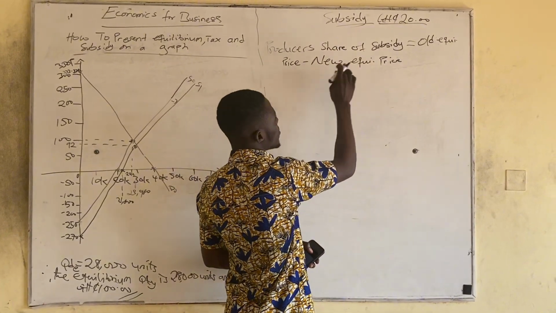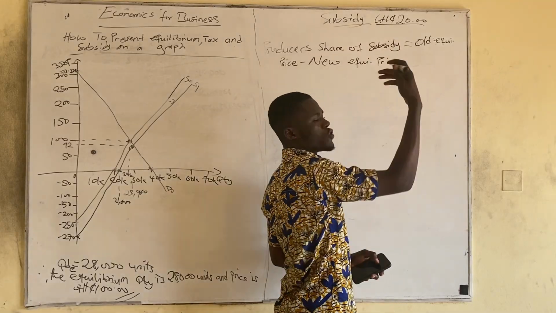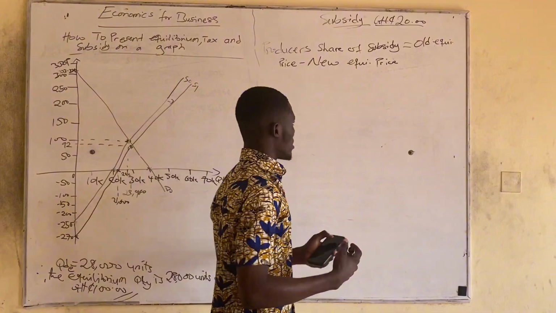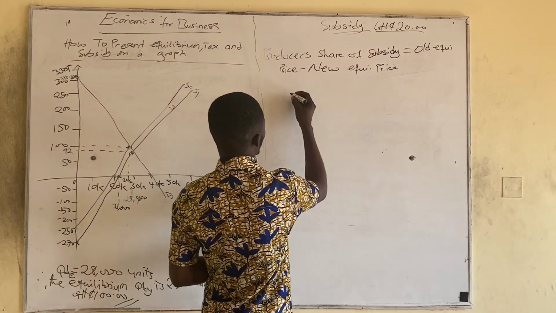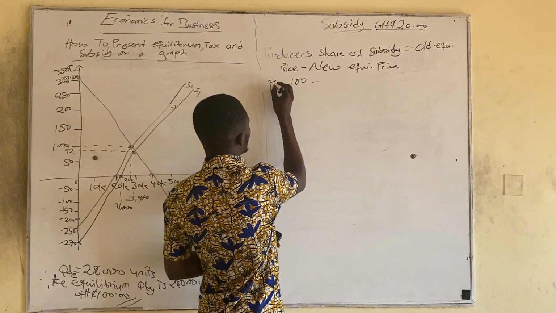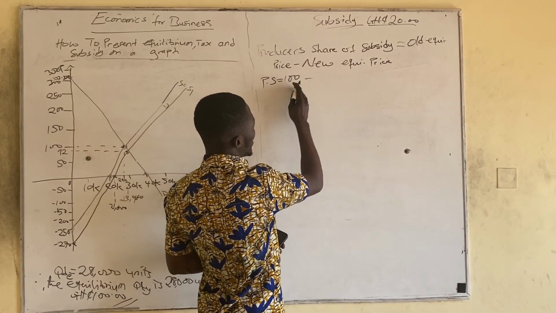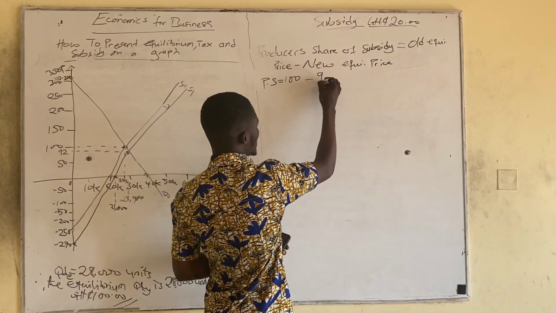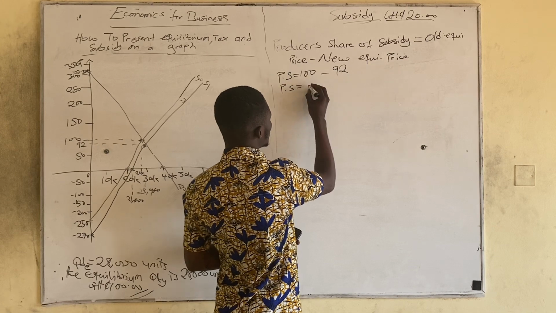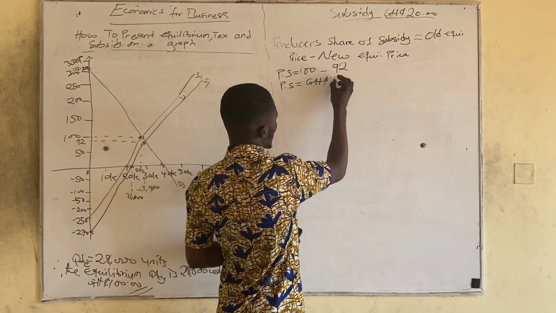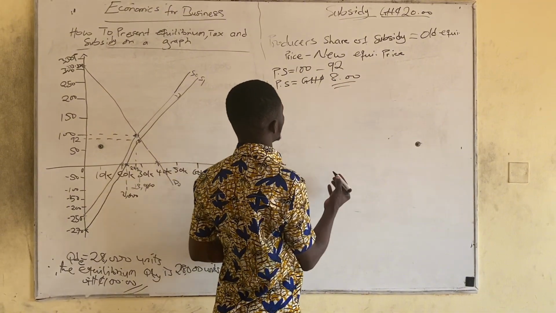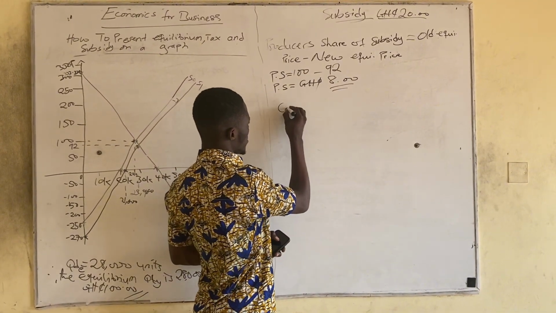Instead of using the old, you can also use original equilibrium price. It is also accepted. So our old equilibrium price was 100 cedis. Then our new equilibrium price too is 92 cedis. Then producers' share will be equal to 8 cedis, like this.